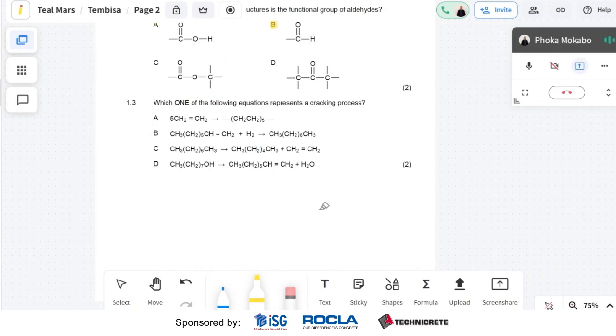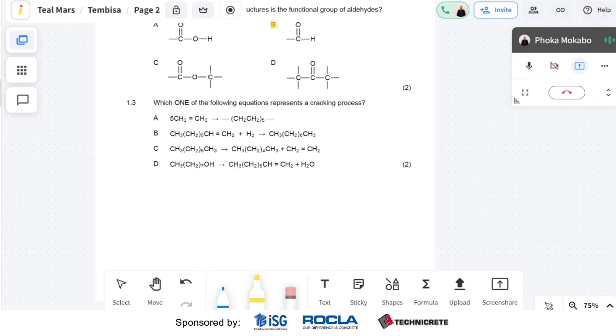1.3. Which one of the following equations represents a cracking process? Now, the process of cracking, very simple. You take a long carbon chain and you break it into shorter carbon chains, right? The important thing always to note, though, is the fact that you cannot lose any of either your carbons or your hydrogens, right?